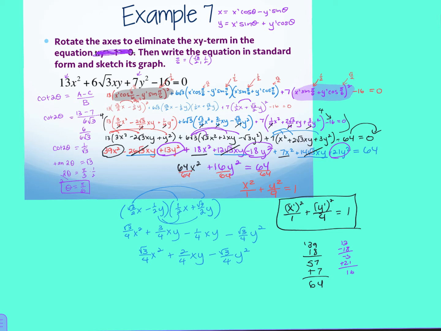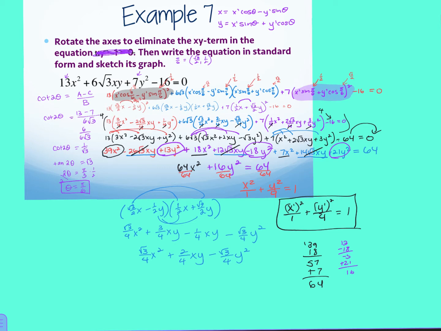So then we have our theta, and so we find x. To replace the x, we did x prime cosine pi over 6 minus y prime sine pi over 6, and then to replace the y, we did x prime sine pi over 6 plus y prime cosine pi over 6. And then we plugged in the values for all those over 6's, and we expanded, FOILed, simplified.